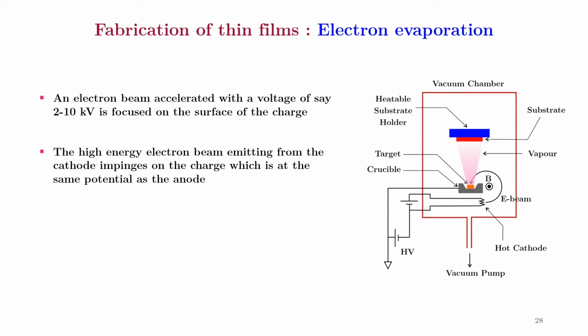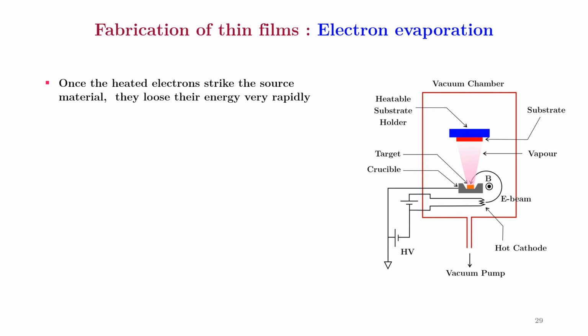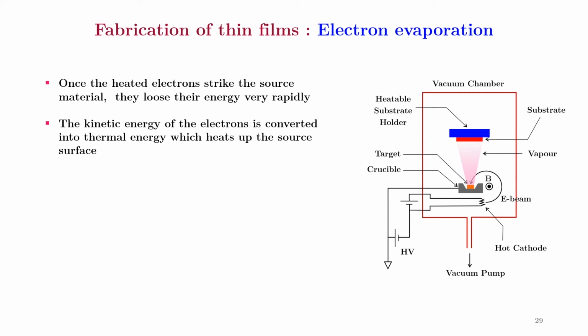The high energy electron beam emitting from the cathode impinges on the charge, which is at the same potential as the anode. Once the heated electrons strike the source material, they lose their energy very rapidly. The kinetic energy of the electrons is converted into thermal energy, which heats up the source surface.